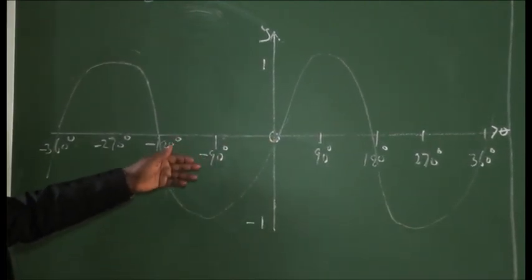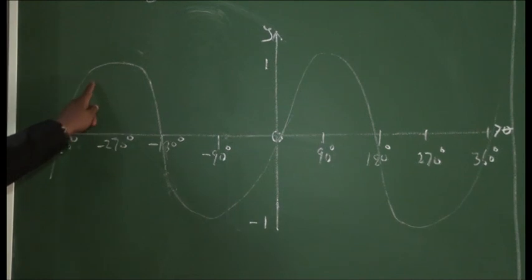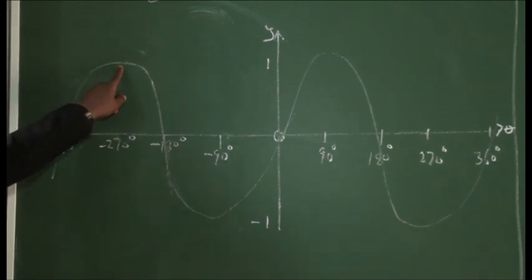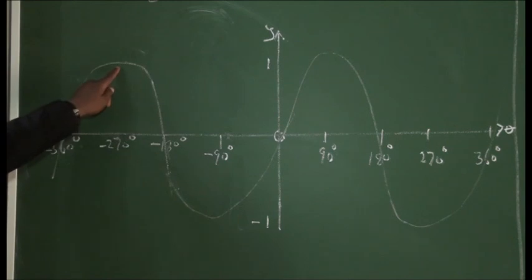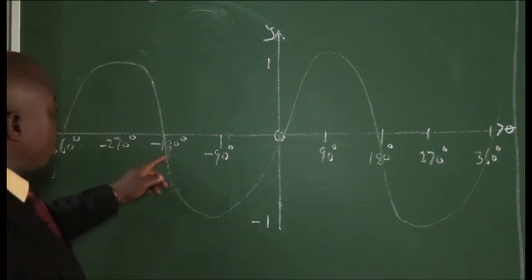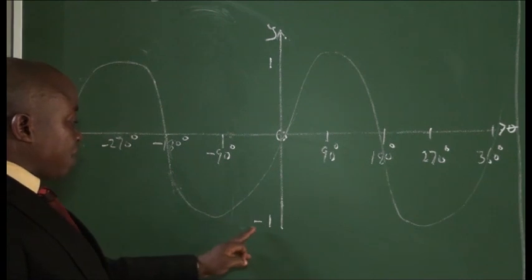Now look at minus 270 degrees. The curve goes to 1, meaning that at minus 270 degrees you have the value 1 for sine. Minus 180, 0. Now minus 90 gives you minus 1.